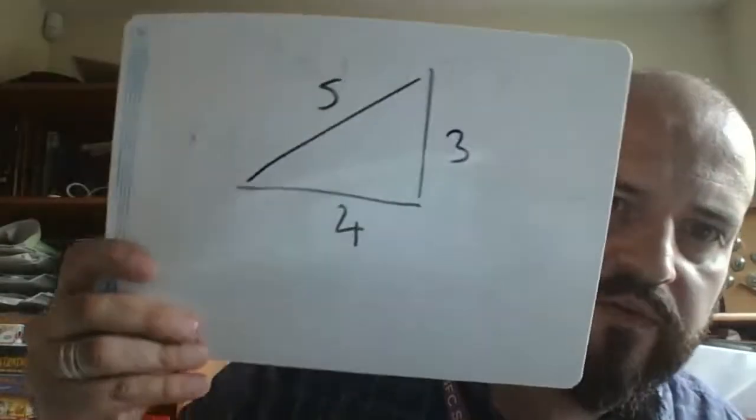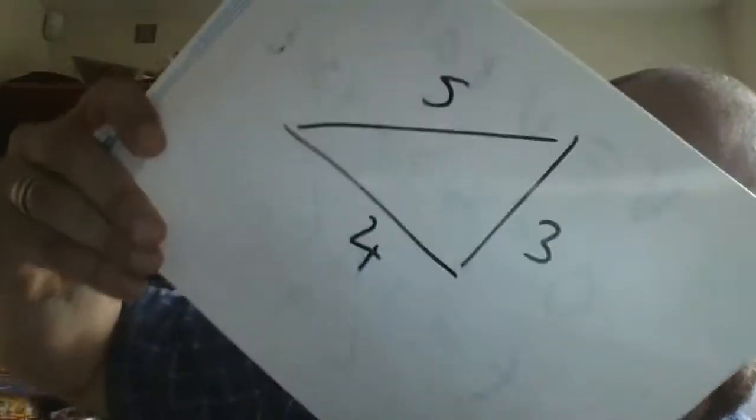So you've got your 3, 4, 5 triangle. We know a 3, 4, 5 triangle works, so those forces do add up to 0 overall. So it cannot be that one.